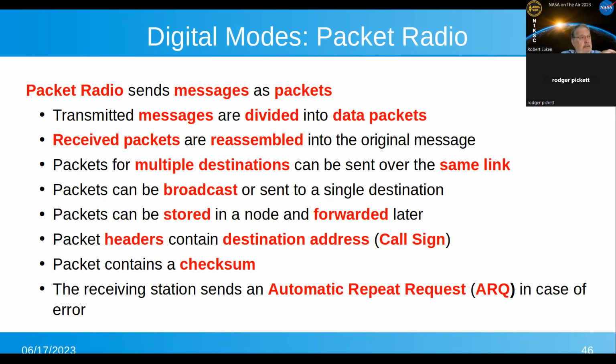There are also ground stations that do that too. Some of the nodes will do forwarding, so you can send a message and it will store it to forward later. It's kind of like leaving a message on your phone. You send the message and it's stored on a node somewhere until you actually come and read the message.